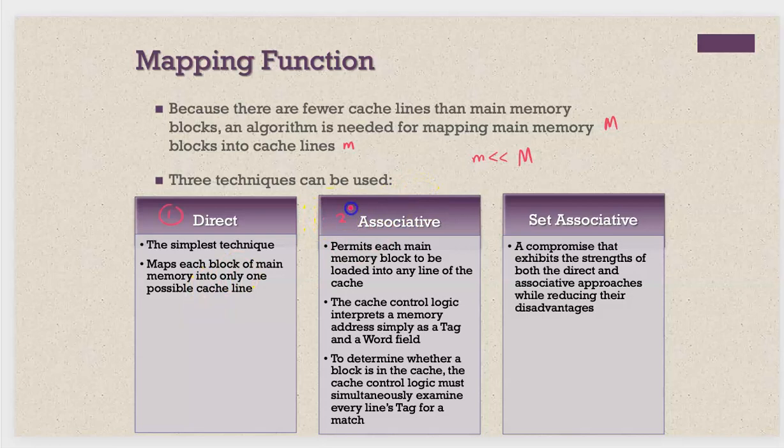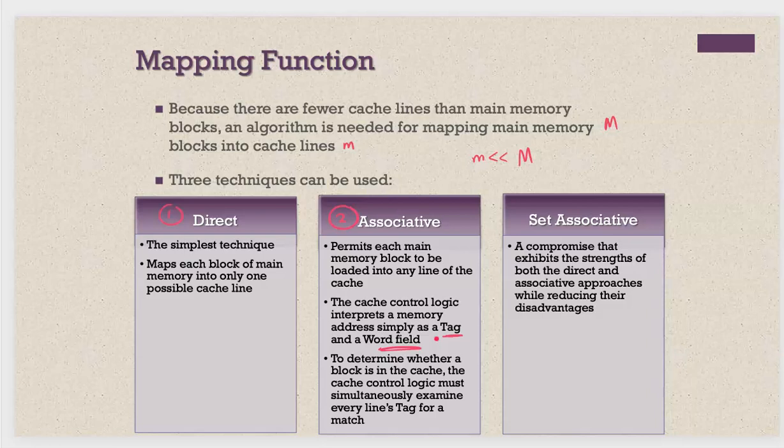And then we have the associative, which permits each memory block to be loaded into any line of the cache. The cache control logic interprets a memory address simply as a tag and a word field. We will see what this tag and what this word field is. We have briefly seen the structure of cache line, right?